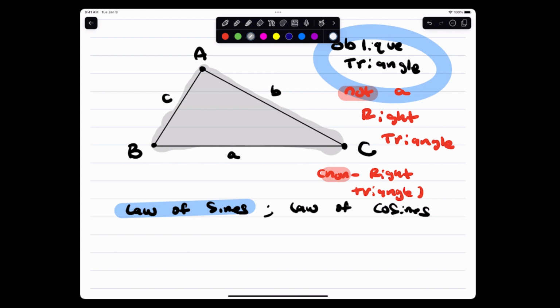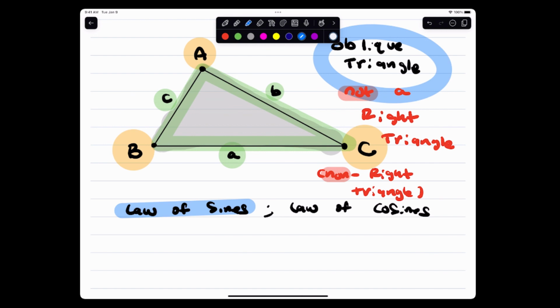The vertices here are A, B, and C. I'll use orange. A, B, C. We often use those for the angles. And the others are the what? These little letters, you know what they measure? They're the distance. They're the sides here. Okay?